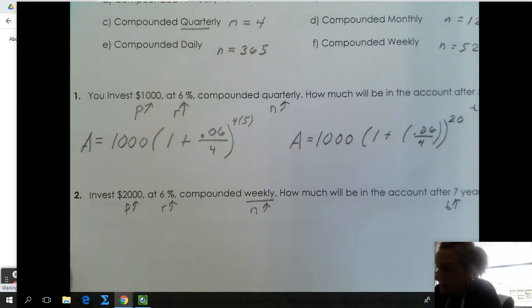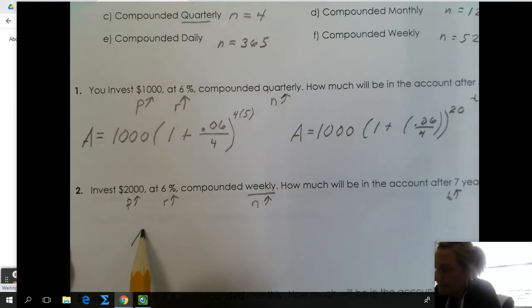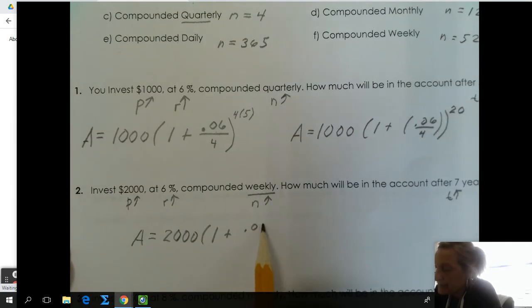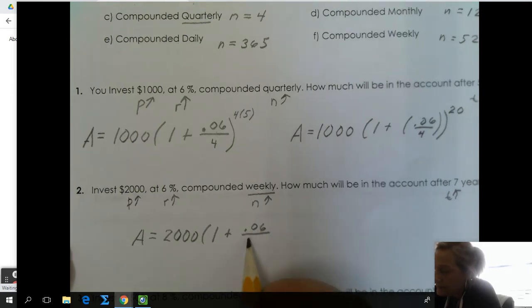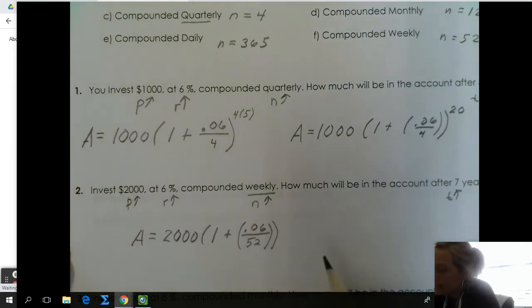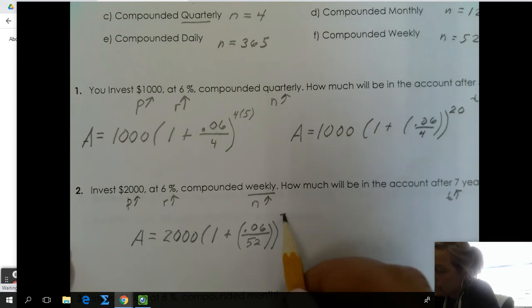So for our setup here, the final amount, we're investing $2,000. 1 plus, our rate remains 0.06, divided by 52 for weekly. Let me put that in its own set of parentheses, and then we're going to raise that to the N times T. We're just following our formula there, so that's 52, our N value, times 7.